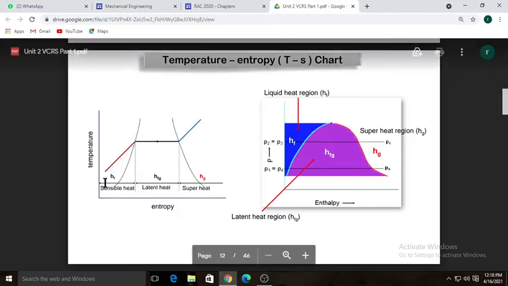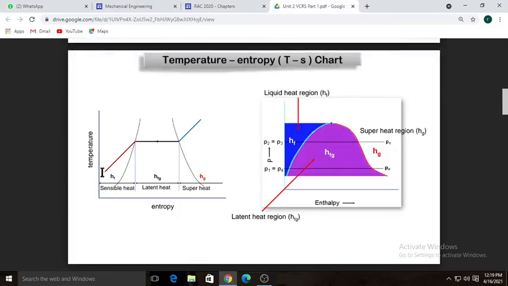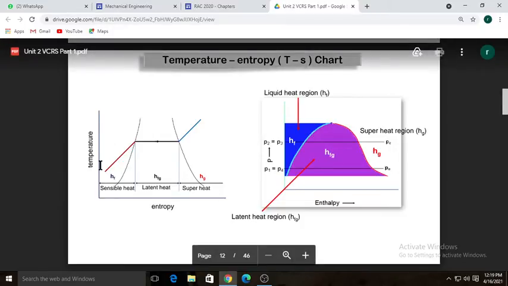Let us consider that we have ice at minus 10 degrees centigrade. Just focus on my cursor. Suppose we start increasing the temperature.